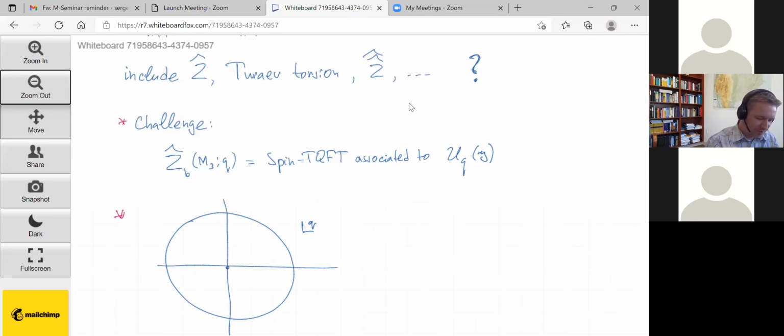This object Z hat lives here, where Q is generic, inside the unit circle. You can naturally ask what happens when Q goes to roots of unity, because that's indeed what was studied in the 90s. So far, I already told you about one point on this circle. Namely, I said that here you recover the inverse Turaev torsion.